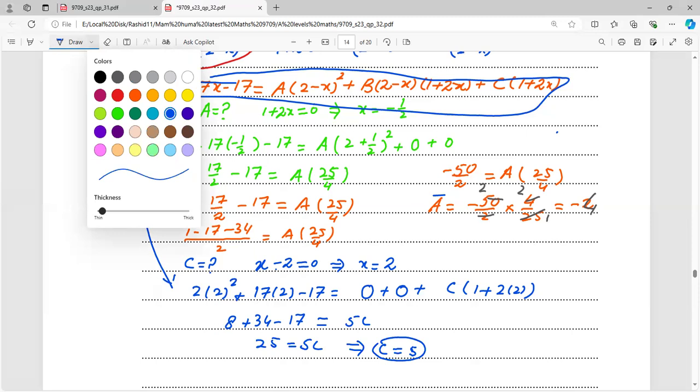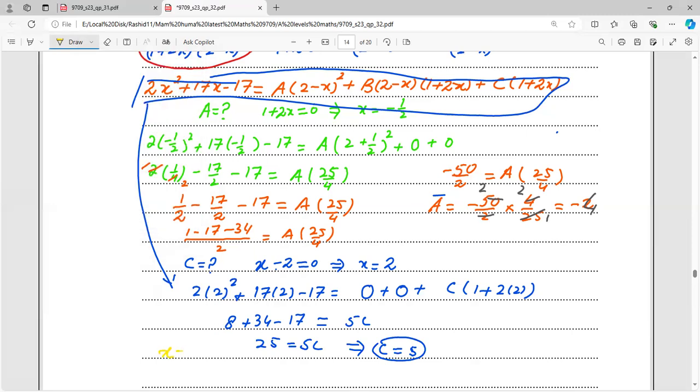Suppose I will use orange color. Now you have to find the value of B. So you can put any other value which is not already used in the question. I have used -1/2, and I have used x equal to 2. But for simplicity, x is 0. I will put it in the above equation. This equation I have to put over here.